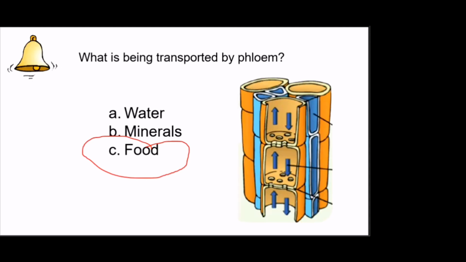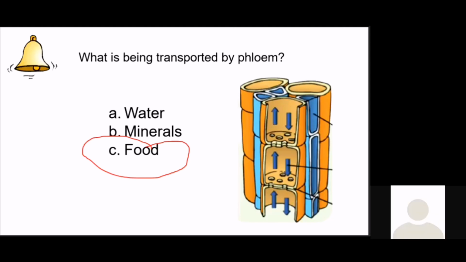Different plants have different ways of transporting that. For vascular plants, they are transported by a part called vascular tissue. In the vascular tissue, we have two types, xylem and phloem.